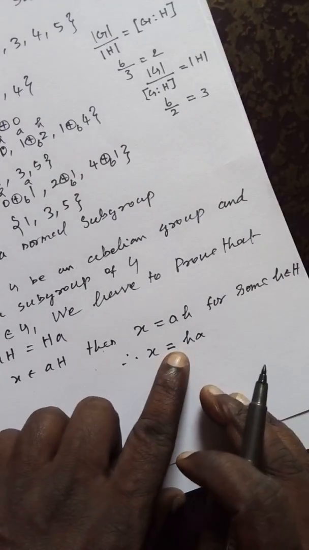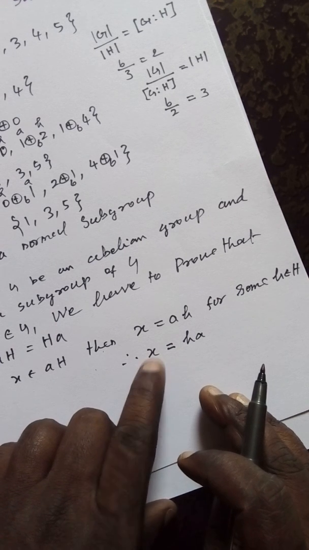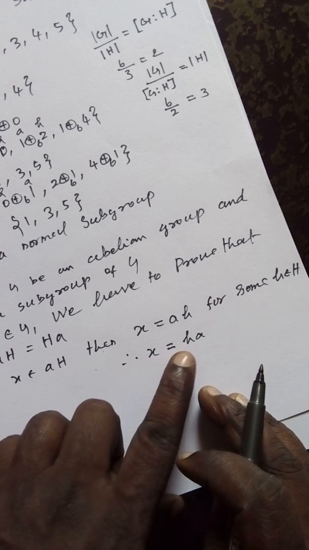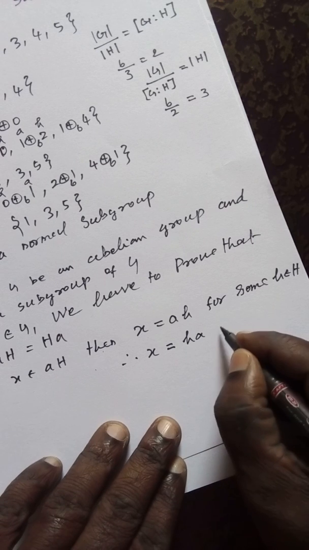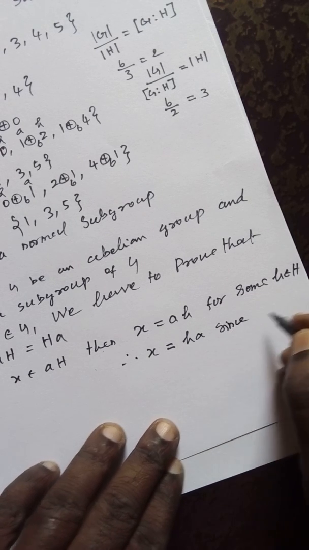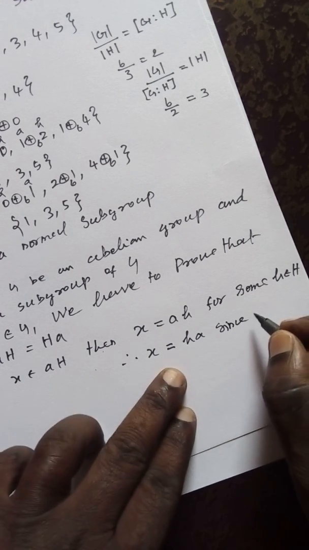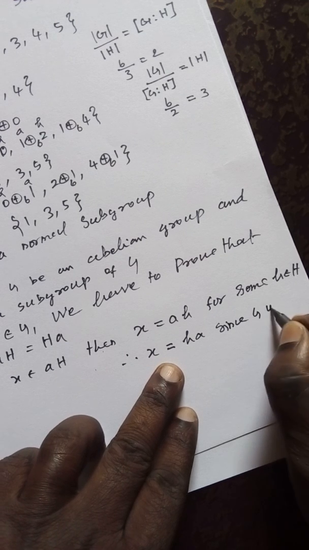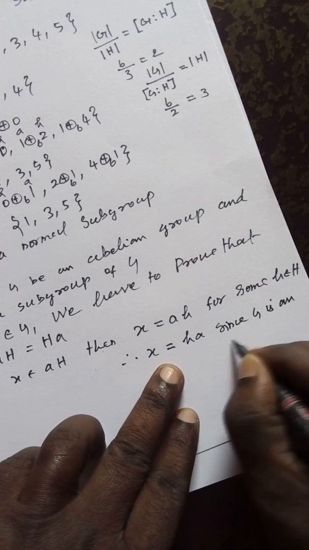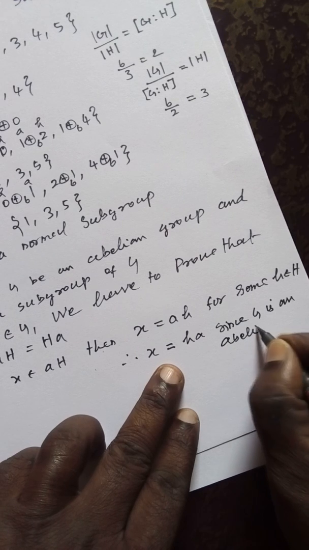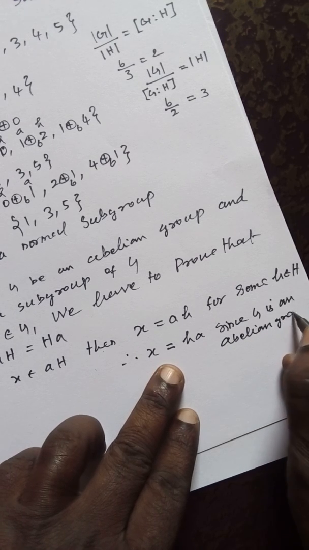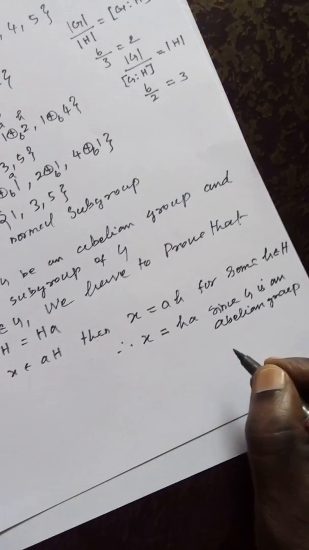So x can be written as x equals ha, since G is an abelian group.